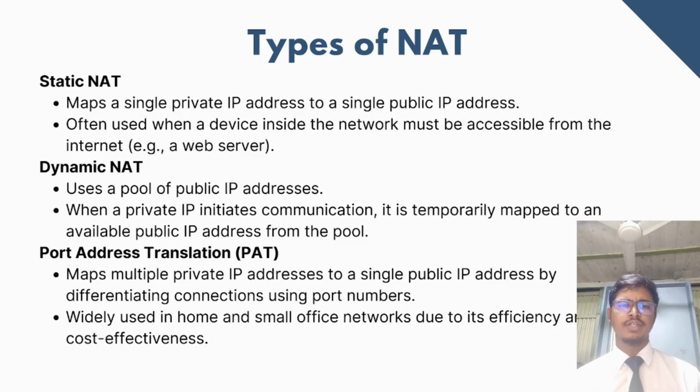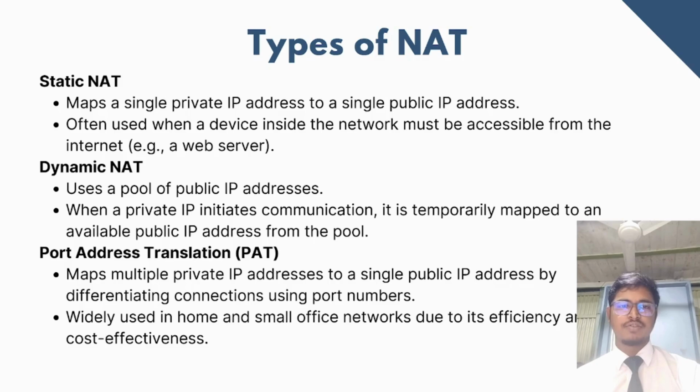Normally, when we use a single private IP address, at that time we use one public IP address. When a specific device on a private network needs to be accessible from the public network, at that time we use static NAT.